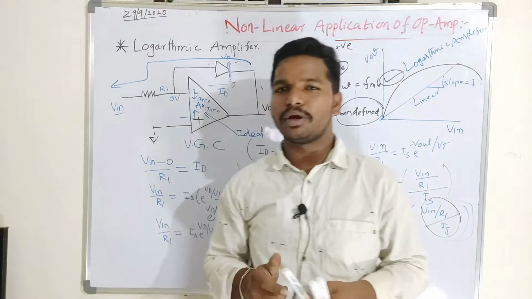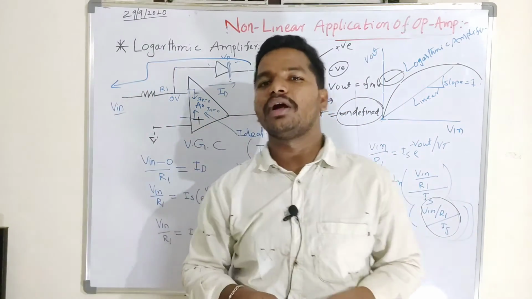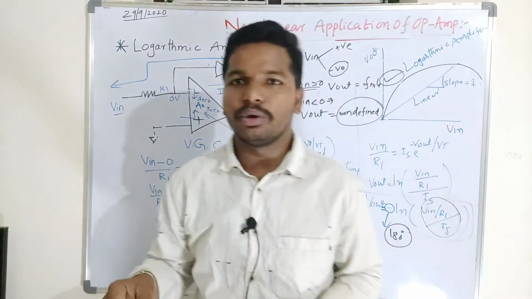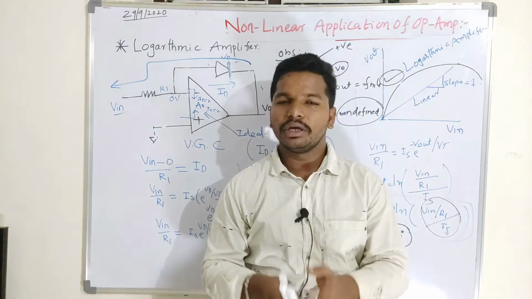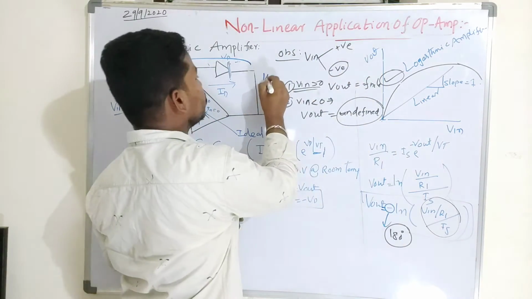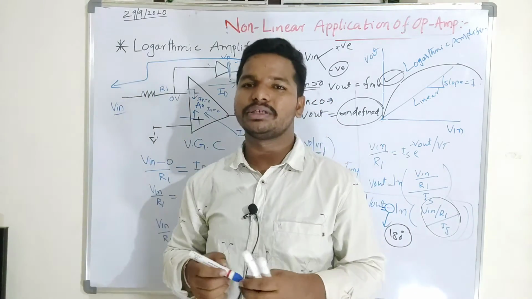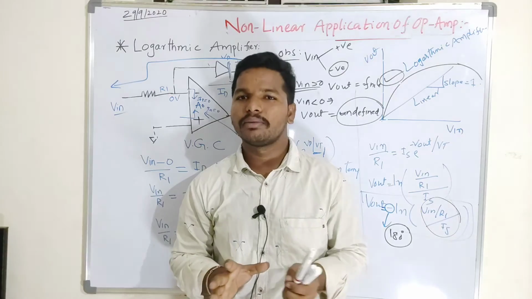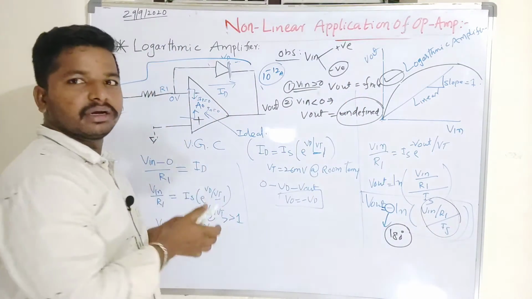It is not possible even in a practical or an ideal diode. The current won't flow from the negative terminal to the positive terminal. Even if it flows, it will be in the order of 10 to the power of -12 amperes, which is very small compared to milliamps and amperes.